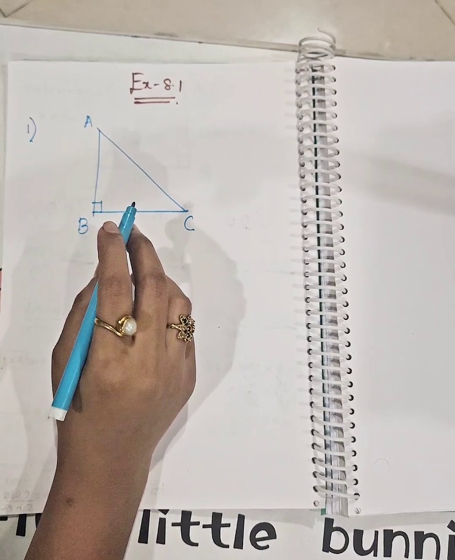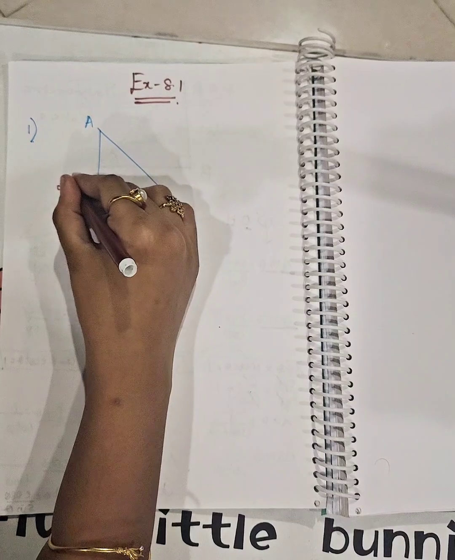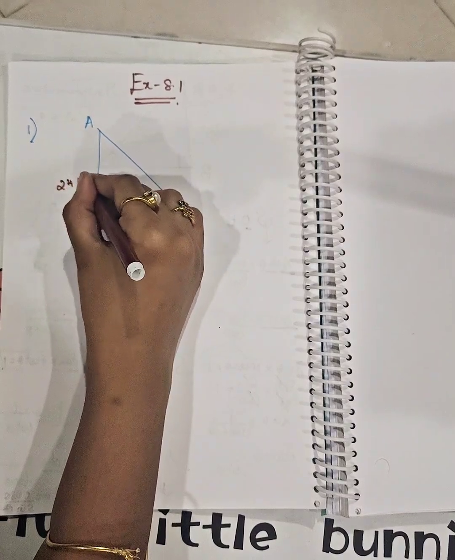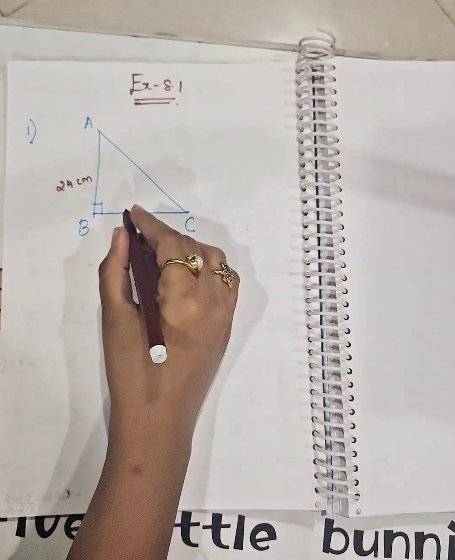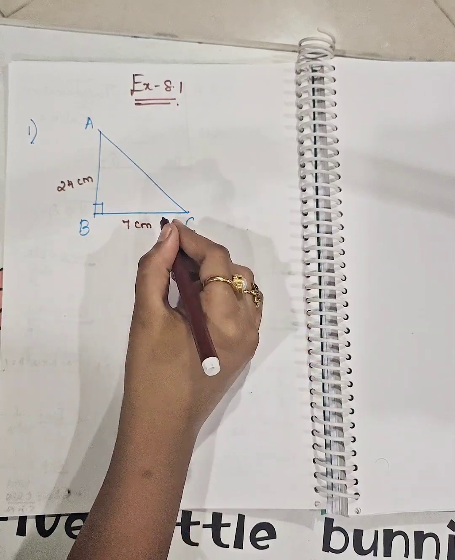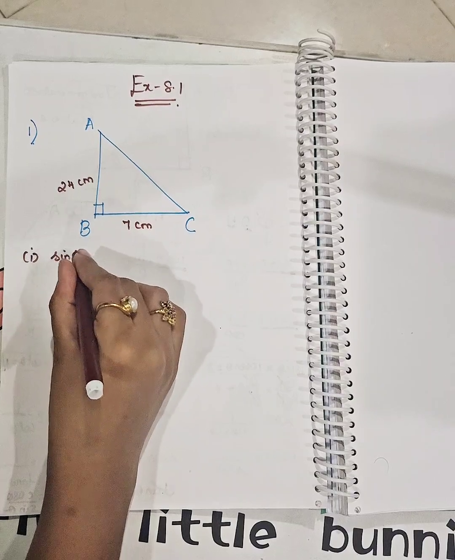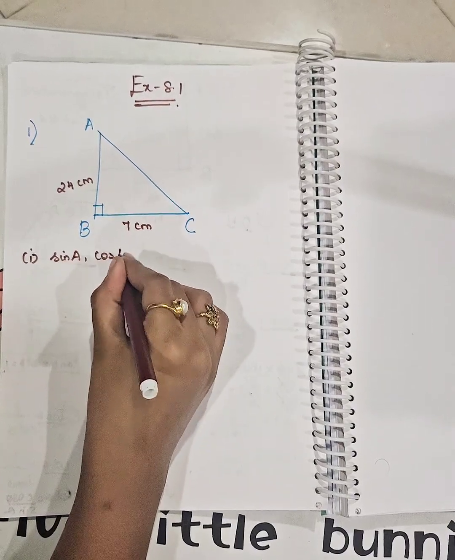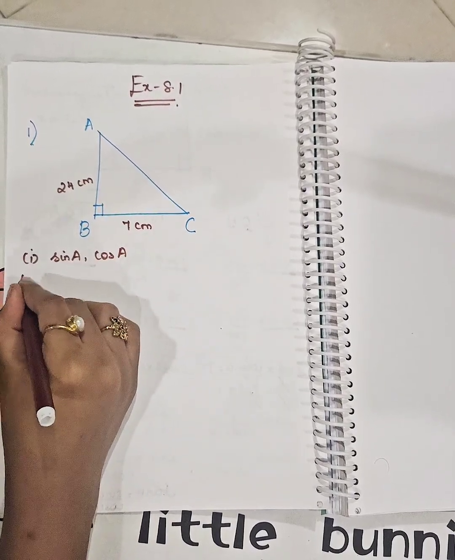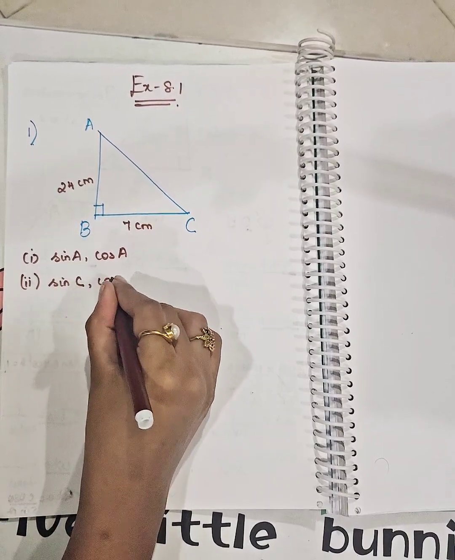AB is equal to 24 centimeter, so please mark those measurements, and BC is equal to 7 centimeter. Now they are asking us to find sine A and cos A. The second subdivision question is sine C and cos C.